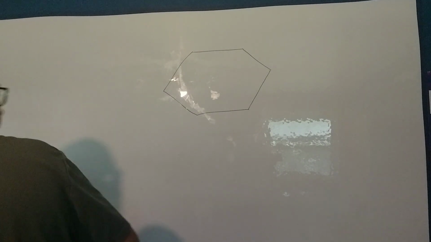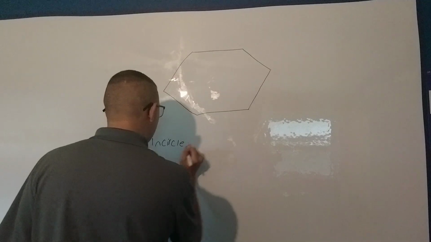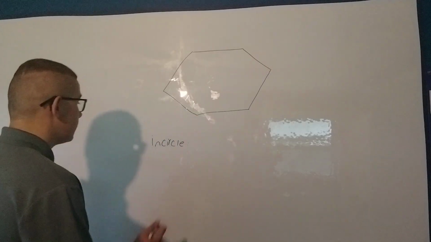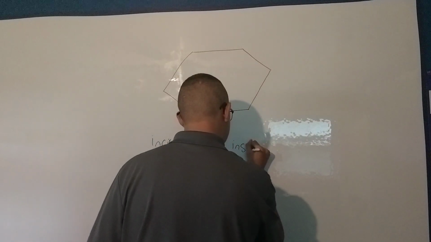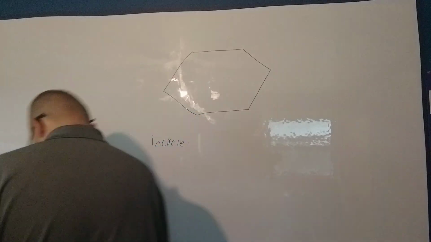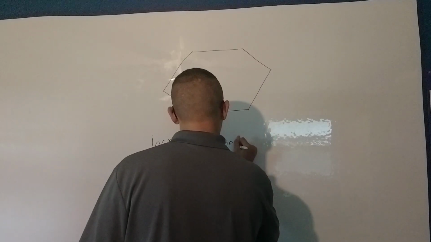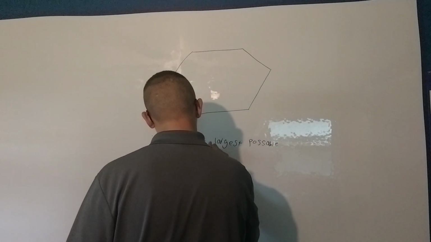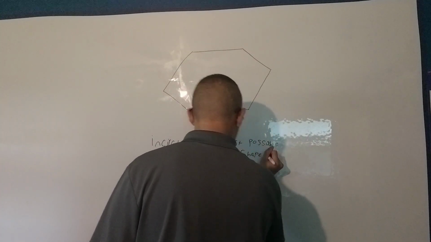And it will always have an incircle. If you remember back from chapter 5, I believe, the incircle is the largest possible circle inside a shape.